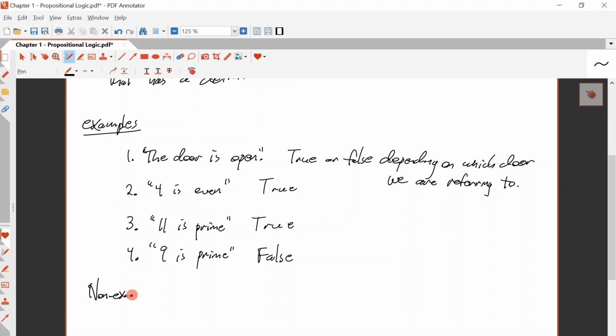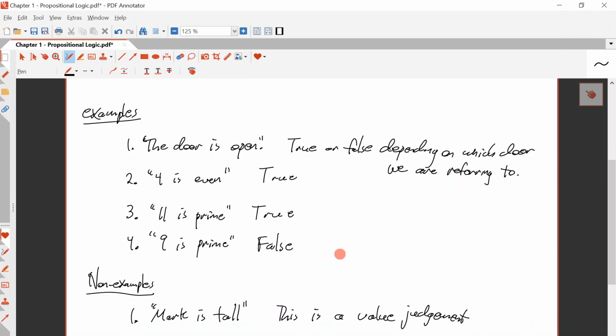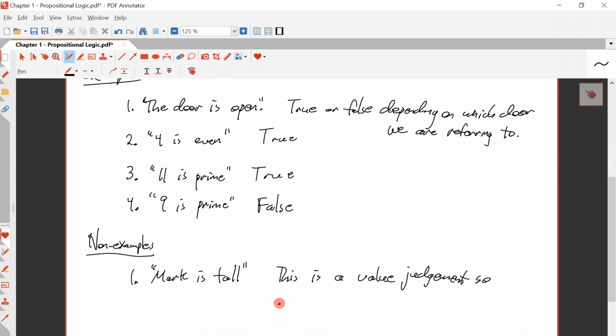Non-examples. 1, Mark is tall. All right, this is a value judgment. So it doesn't have a well-defined truth value.